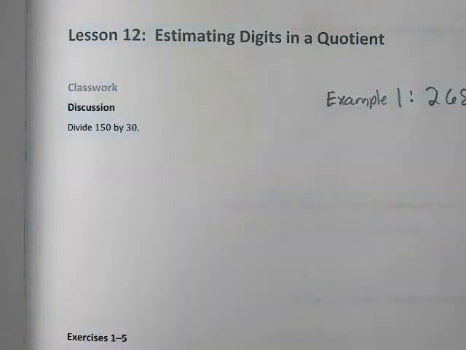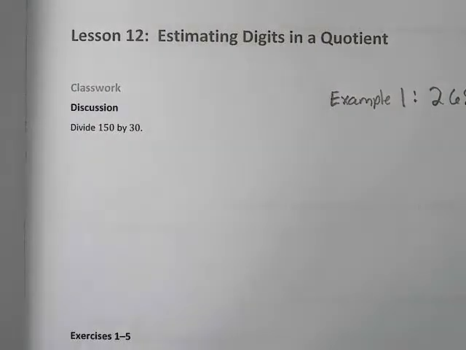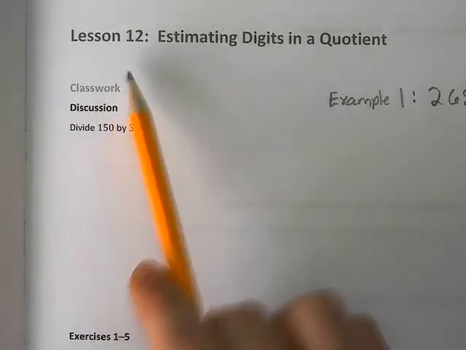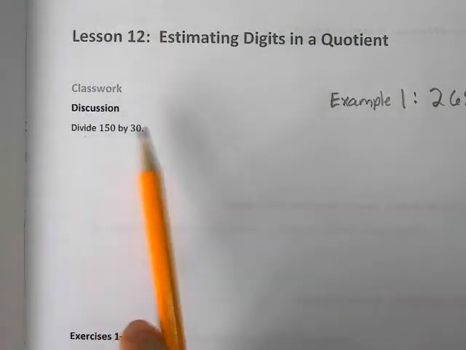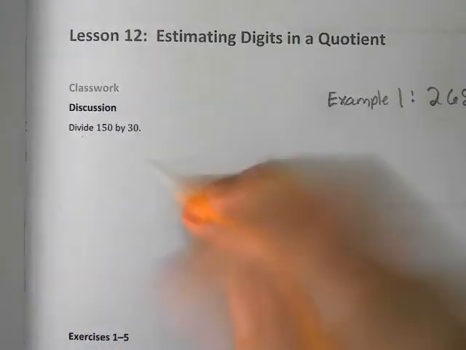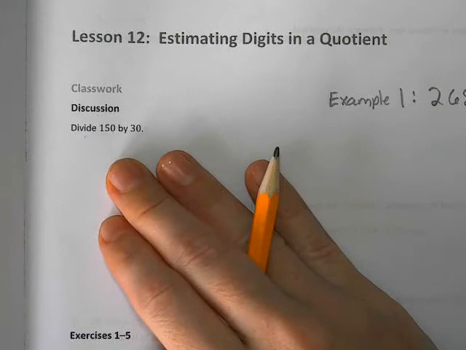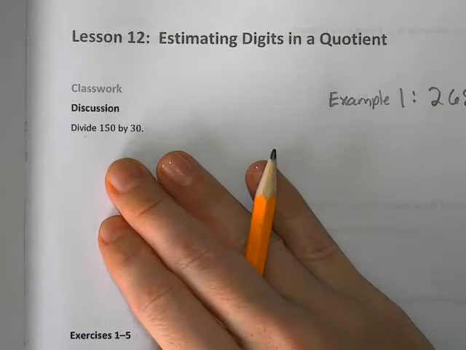Lesson 12 in your book is on S50, or it's lesson 12, 6-2 at the top. Make sure it says classwork discussion, divide 150 by 30. Now, we did this in your notes. I showed you what the dividend, divisor, and quotient are.